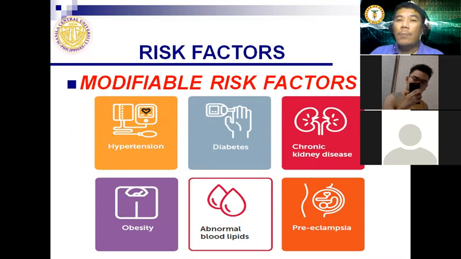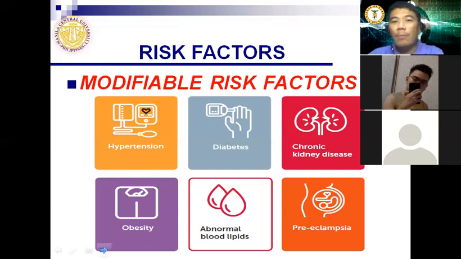So preeclampsia and eclampsia are considered modifiable risk factors because if the client developed cardiovascular disorders, and at the same time the client is having preeclampsia, that contributes to aggravating factors that may lead to further complication of cardiovascular disorders. That's why it is considered a modifiable risk factor.